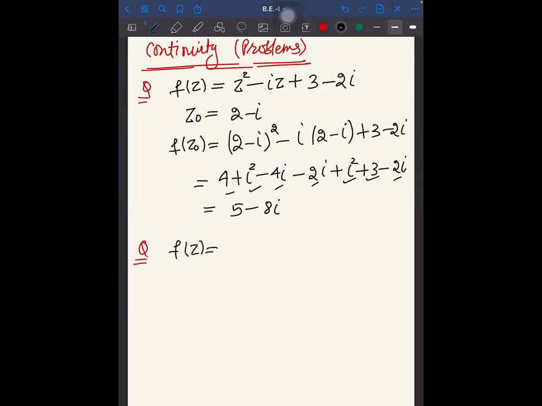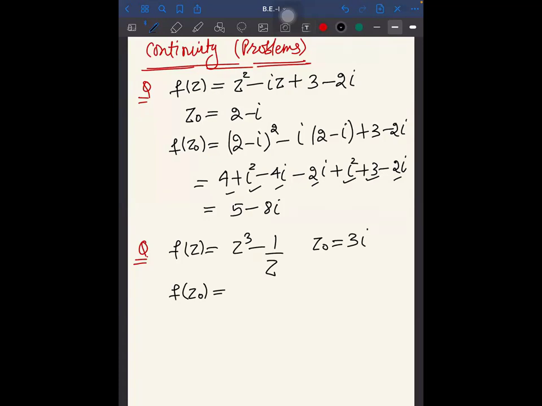f(z) is equal to z cube by 1 minus z, and z naught is equal to 3 iota. At this point we want to find out. Again, it's not a problematic stuff for us.